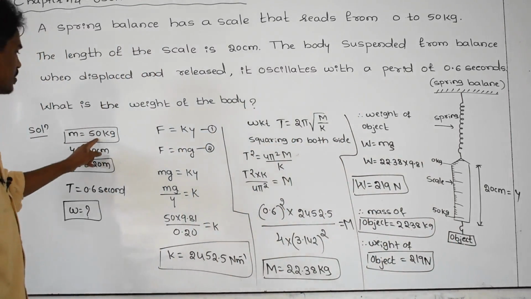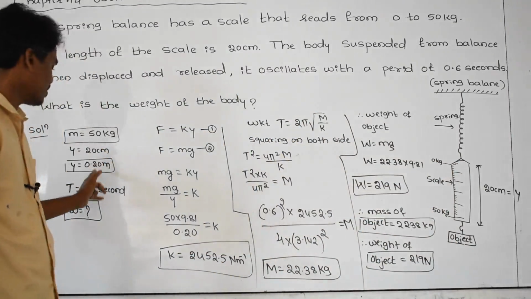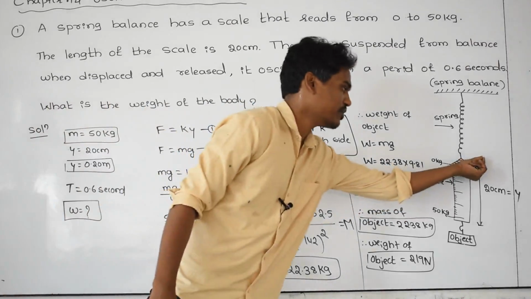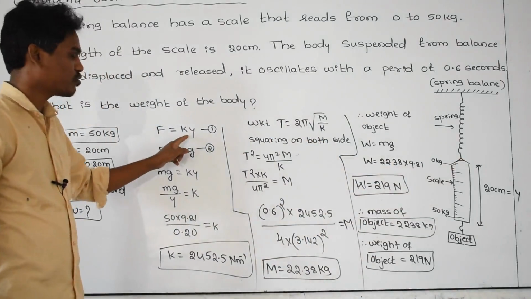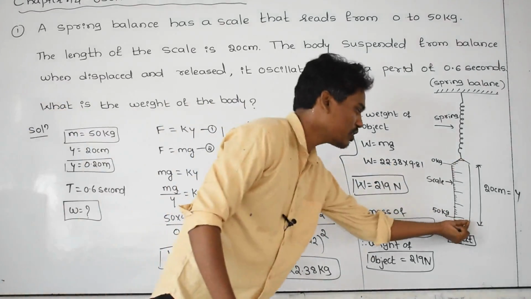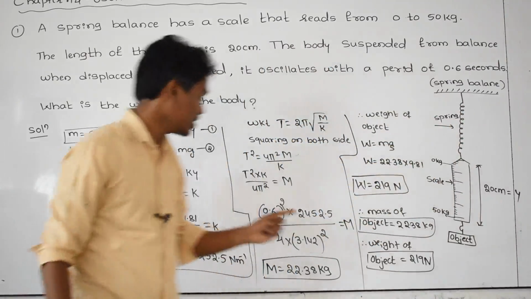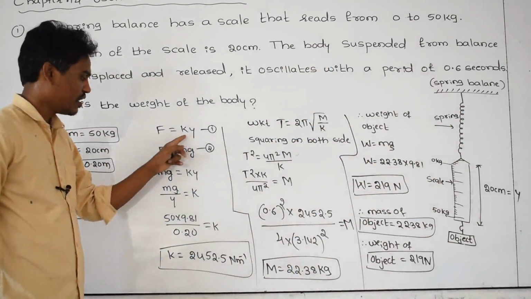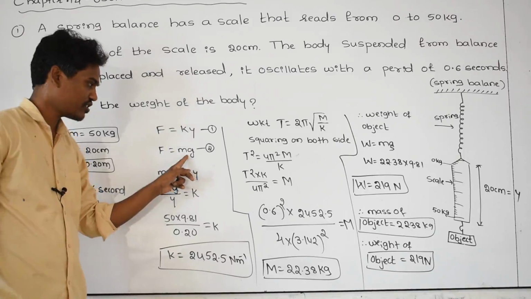Getting it? This is the maximum mass measured by the spring system, 50 kg, and for displacement, the scale length he has given, and I have used this equation. What is the reason? If you pull the object in the downward direction, the restoring force is generated inside the spring, that is the restoring force equation, and by Newton's second law, the weight of the object can be found by using this equation.